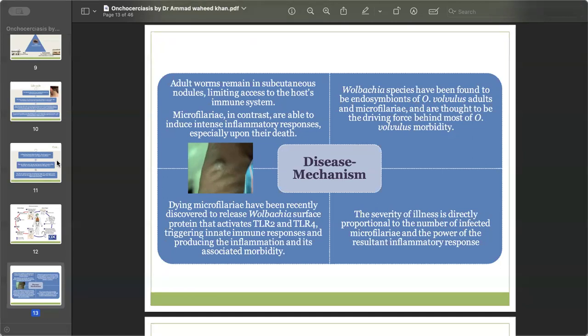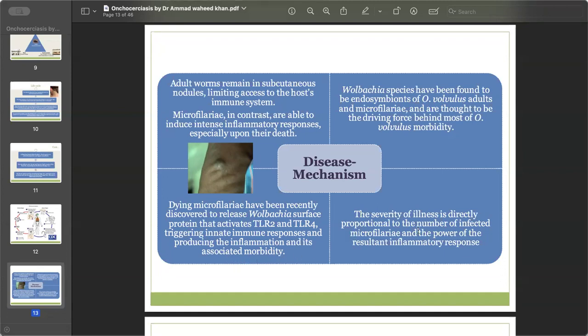Dying microfilariae have recently been discovered to release Wolbachia surface protein that activates TLR2 and TLR4, triggering innate immune responses and producing the inflammation and its associated morbidity.